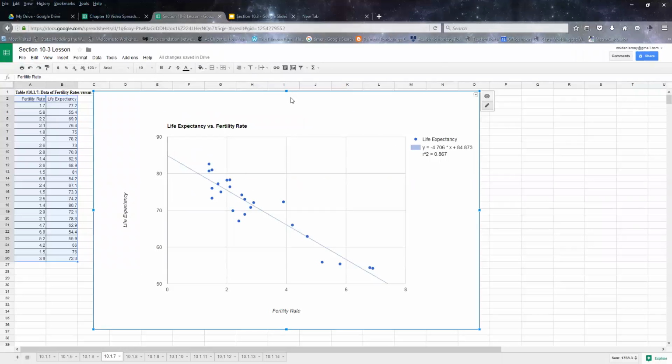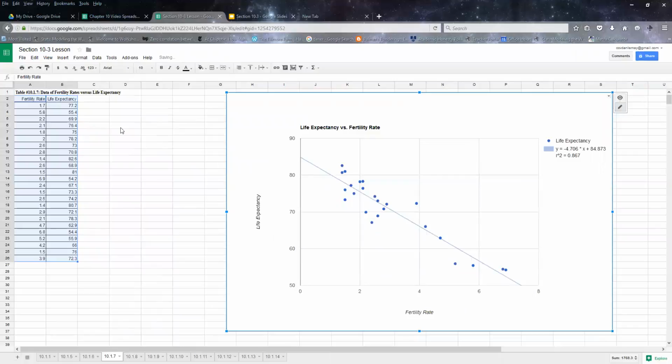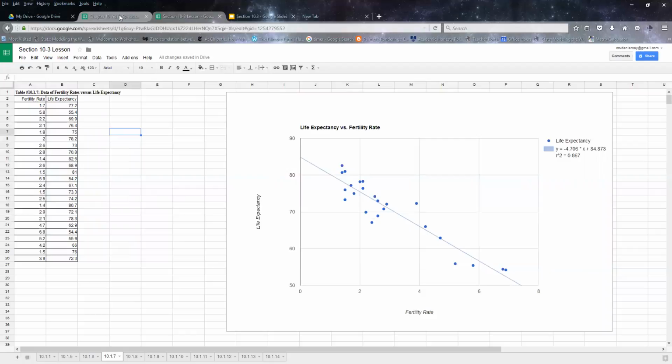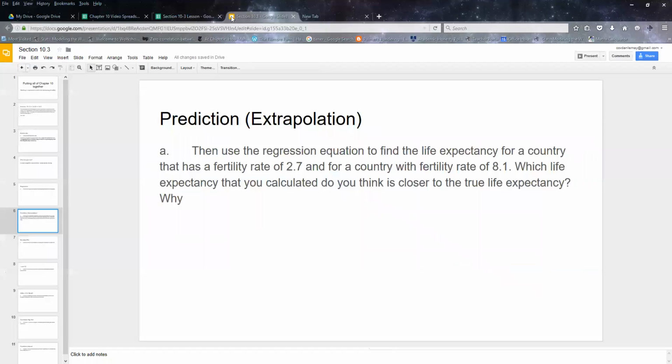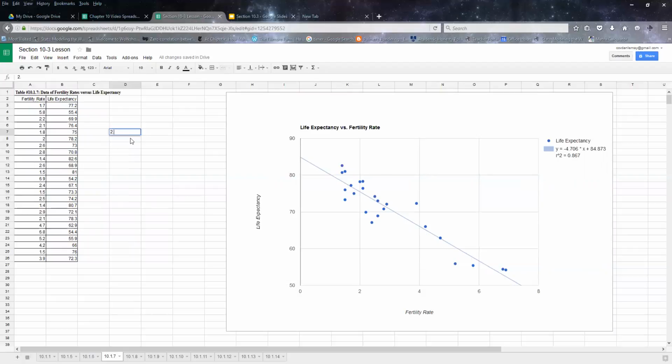Let's slide this off to one side, and you can certainly do this with your calculator, but since I've got this right here, let's see, 2.7 and 8.1. So then what I'm going to do is just have the spreadsheet calculate it.